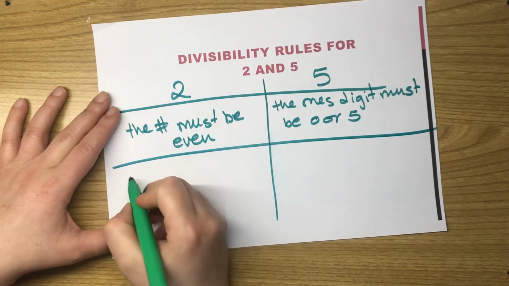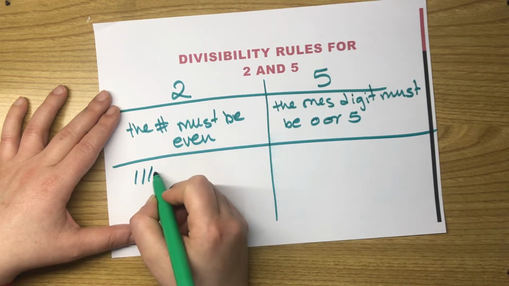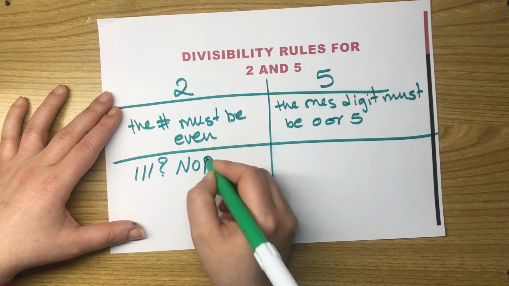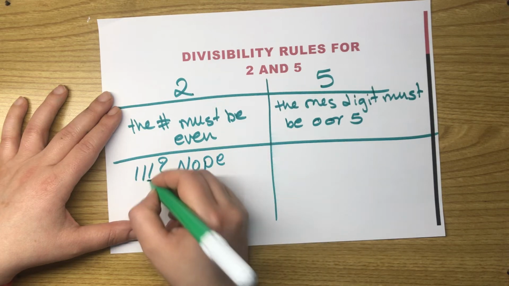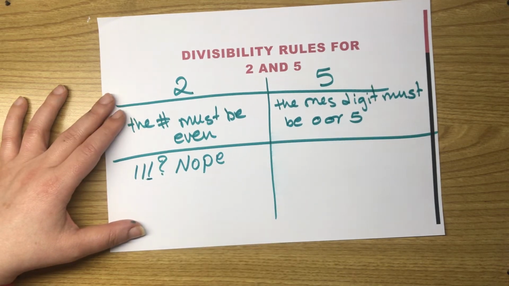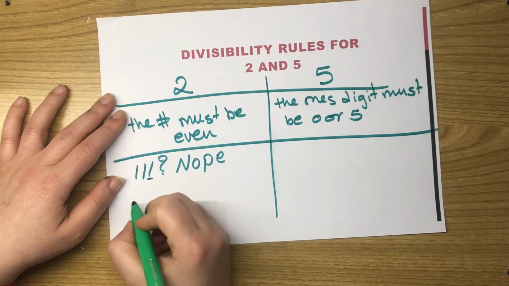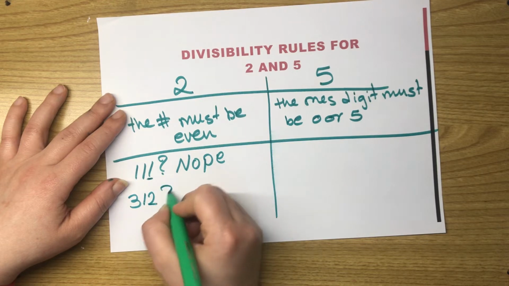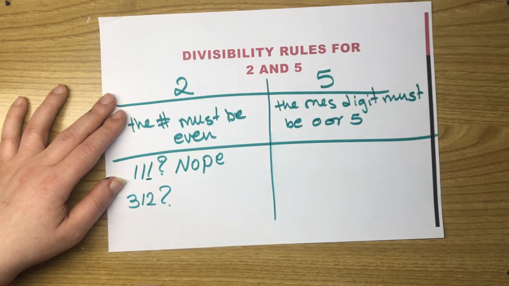Examples. 111. Is it divisible by 2? Nope. Why? Because 1 is an odd number. So no. 312. Is it divisible by 2?